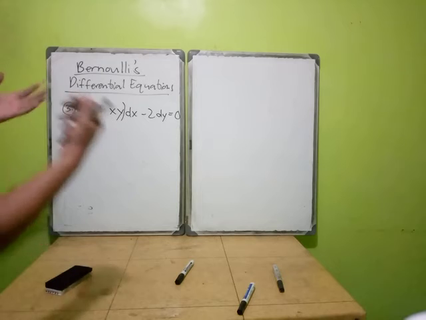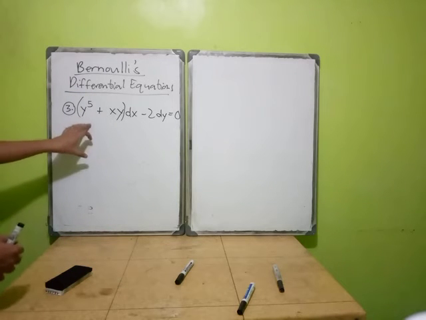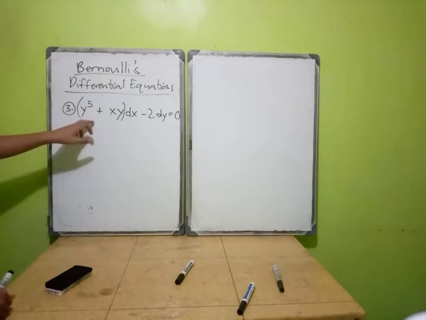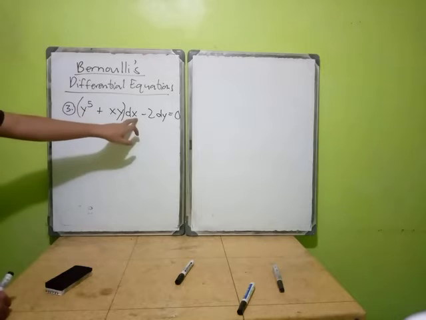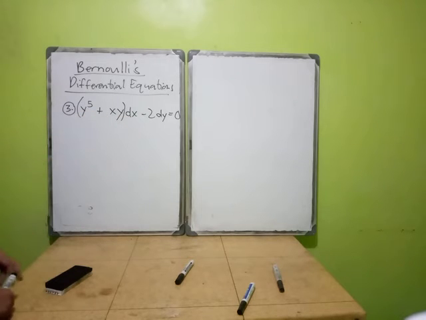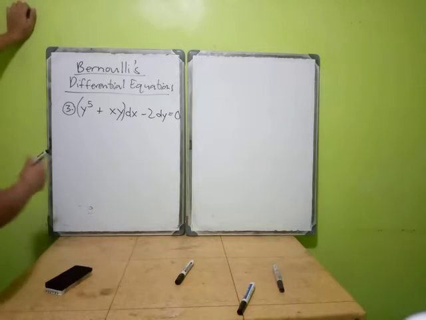So, if hindi, baka first linear differential equation, hindi pwedeng first linear kasi may to the power of 5. So, yung hint natin is possibly Bernoulli's differential equation siya. Okay, so, ang solusyonan din dito is i-rearrange siya.